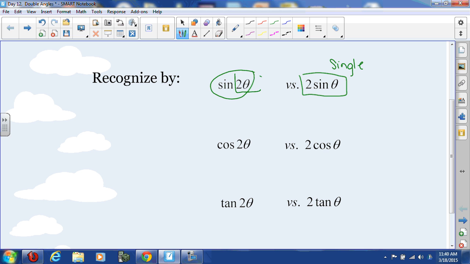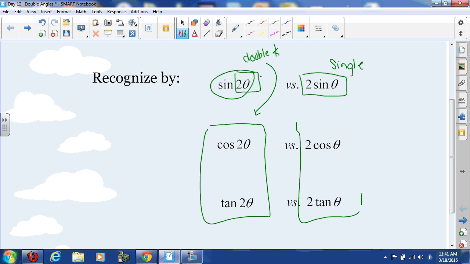This right here, 2 theta represents your double angle. That's a clue to you that, oh, I'm not using single angles anymore, I'm using double angles. So everything over here on the left are double angles, and everything on the right are single angles. So you can see we're doubling the angle versus doubling the answer to the cosine of the angle.